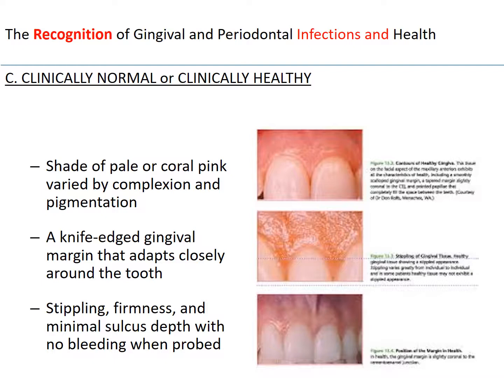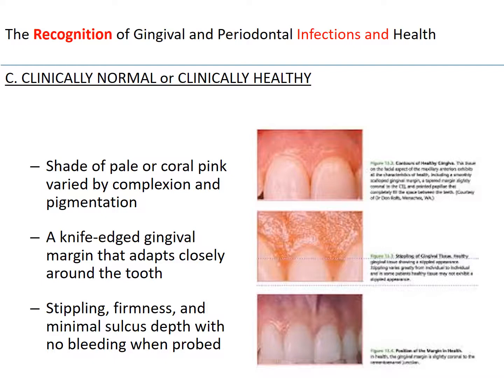So the recognition of gingival and periodontal infections and health. In health, we want to see shades of pale or coral pink, varied by complexion and pigmentation. So, not everybody's is pink. The knife-edged gingival margins adapt closely around the tooth. So I want you just to see how that free gingiva, the gingival margin, is going to be pointed towards the tooth.